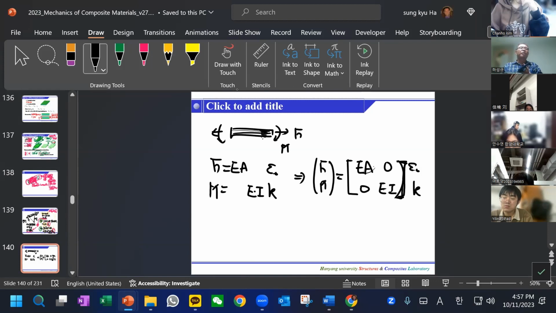And now this can be extended to a plate, not just one direction. So we can have this load and this load and this shear load. And even for the bending, we can have this bending and this bending and this bending, and then this curvature.